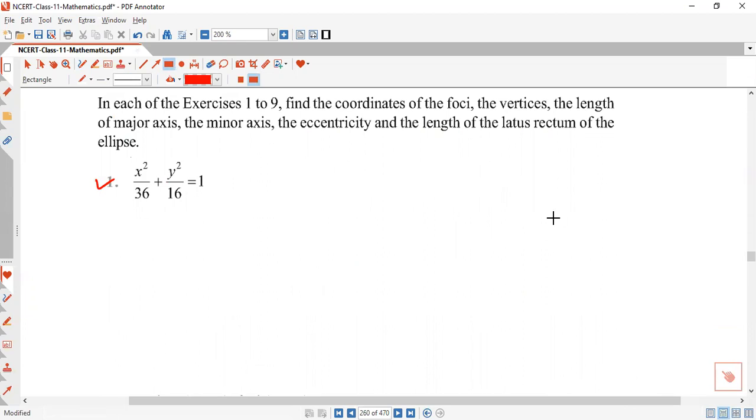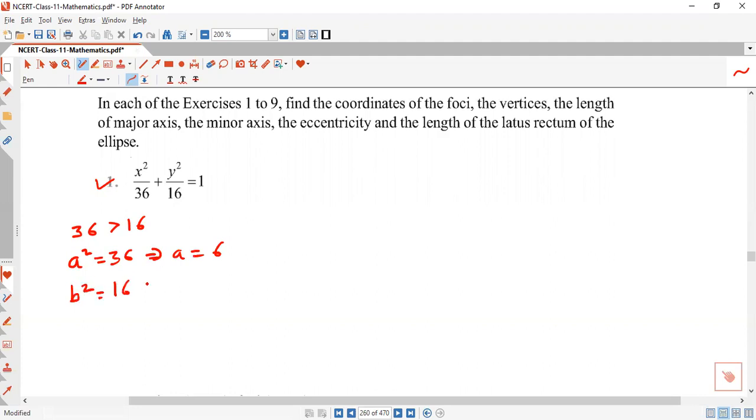You see in this data, what is given? You see this 36 is greater than 16, right? So a square will be 36, implies that a equal to 6. So b square equal to 16, and we see implies that b equal to 4.